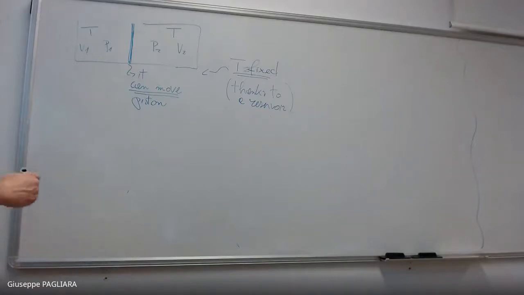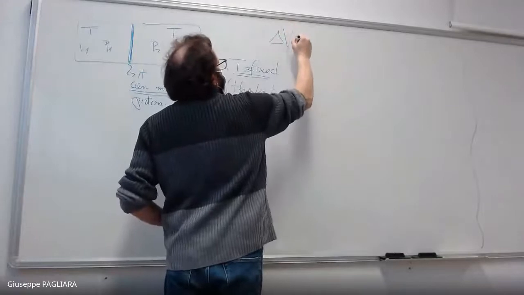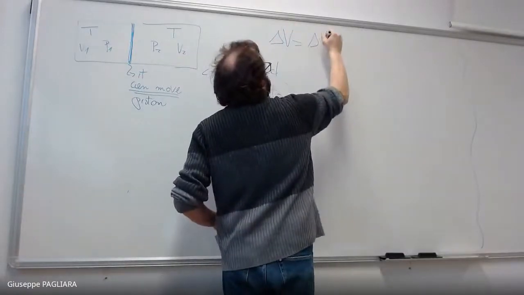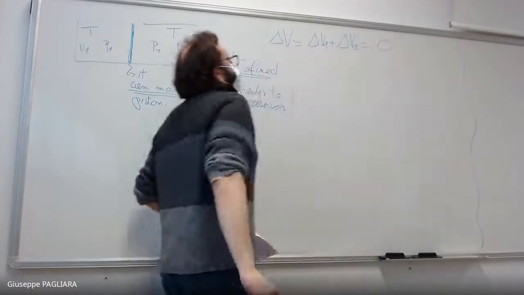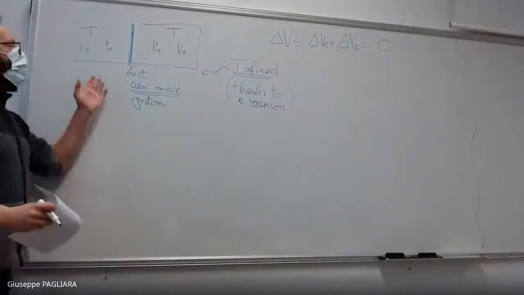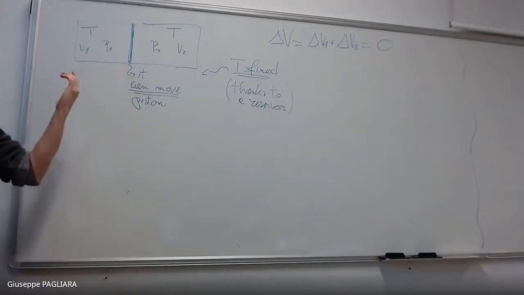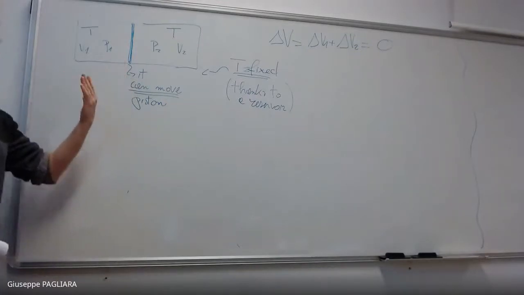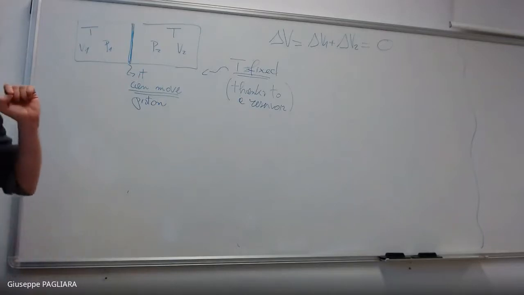Now, of course, the variation of the total volume is equal to 0. Intuitively, what happens here is that the piston will move at some point in order to establish equilibrium. We will see in a moment which kind of equilibrium we are talking about in this situation.